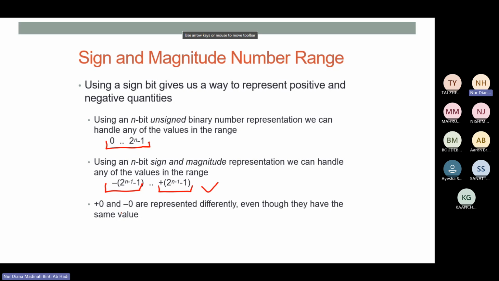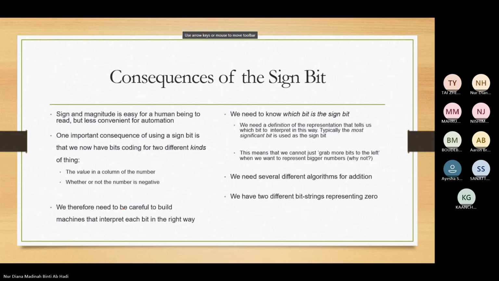Positive 0 and negative 0 are actually represented differently, but they still have the same value. Consequences of the sign bit: it's easy for human beings to understand, but for automation it would be less convenient. We have the bit coding for two different kinds of things. One is the value in the column of the numbers, and the other is whether it is positive or negative.